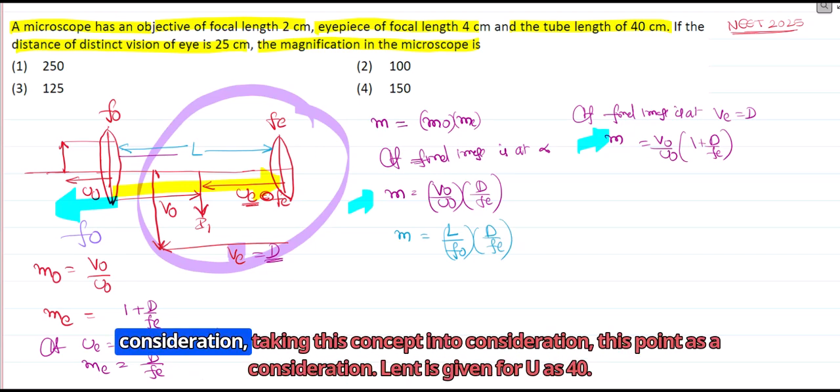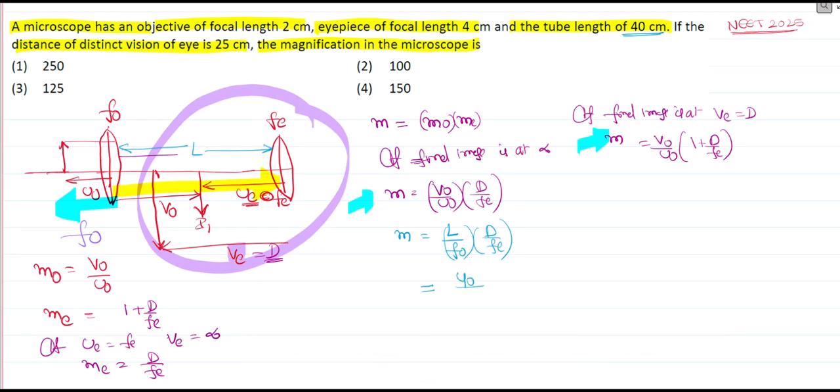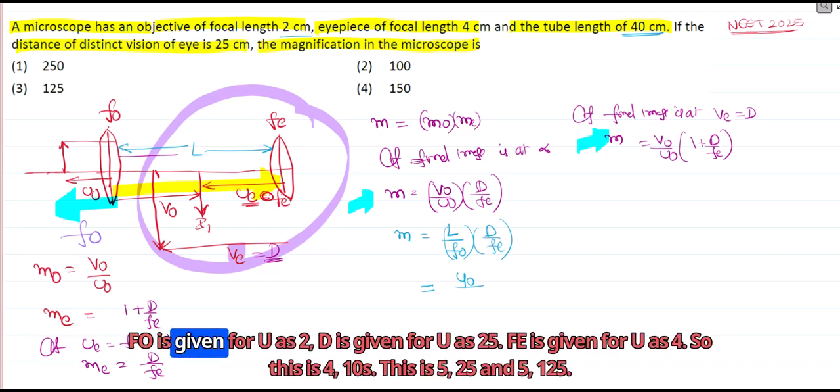Taking this concept into consideration, length is given as 40, FO is given as 2, D is given as 25, FE is given as 4.